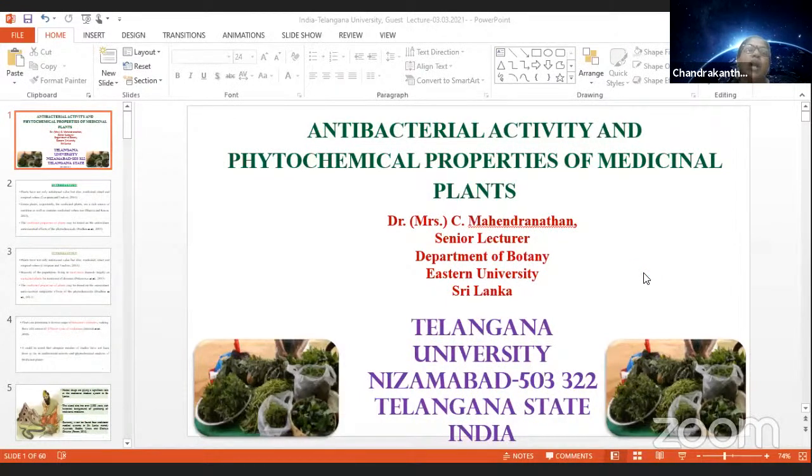This is where I thought to get back to that system by undertaking research work on these naturally available medicinal plants and their medicinal properties, and the reasons behind those properties. On this basis, I'm going to talk about some of the antibacterial activities and the phytochemical properties of some medicinal plants which have been studied so far. Of course, I'm not going to cover all the plants we have studied, but I will look at some of the plants which I and our students have studied and found their properties, particularly the antibacterial or antimicrobial properties.